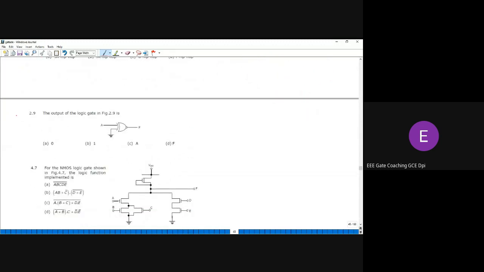Okay, 20th problem. So what is the output of the logic gate? Answer.